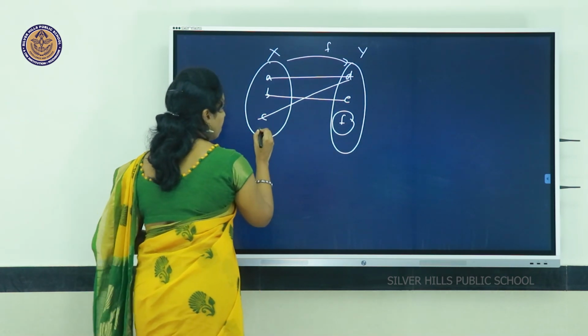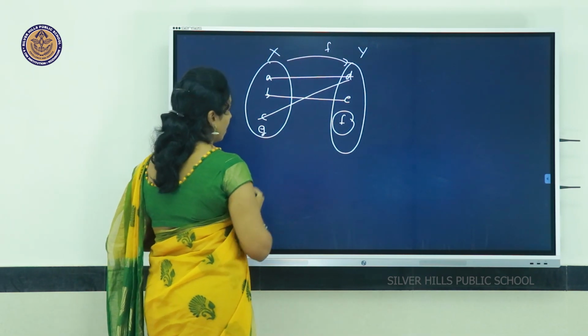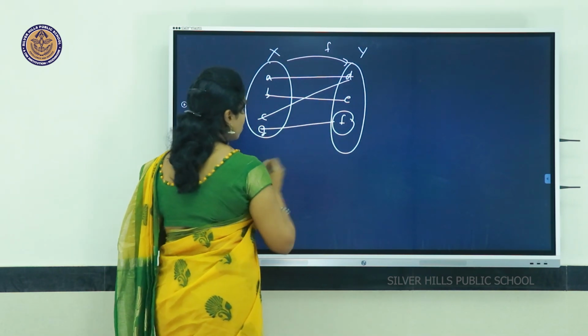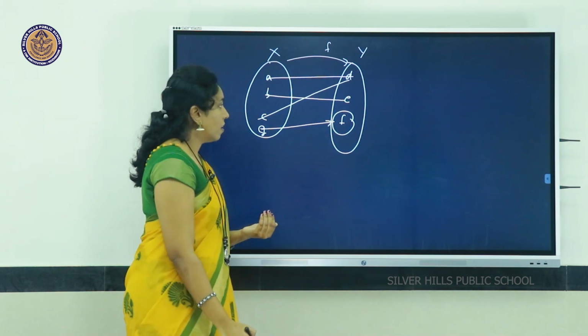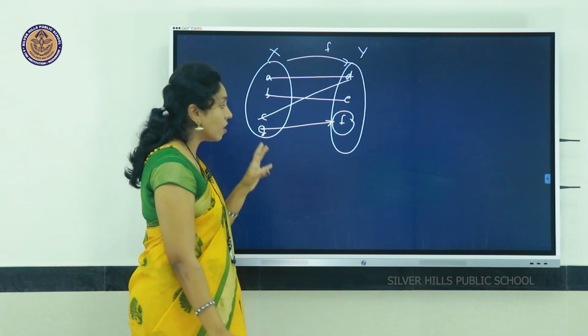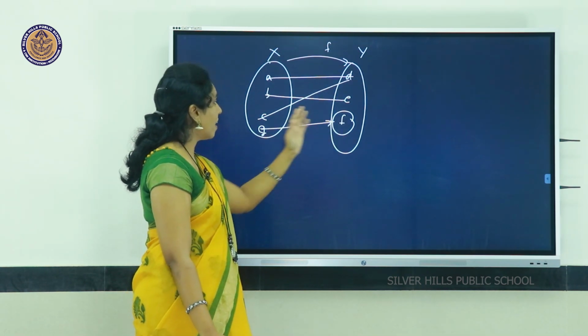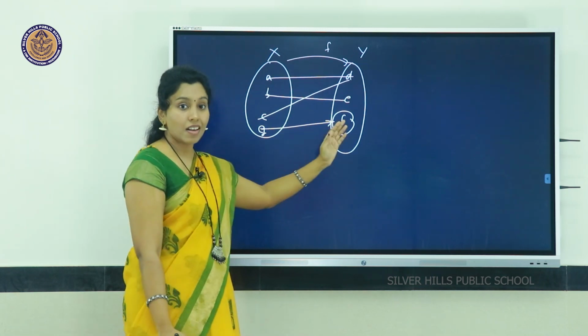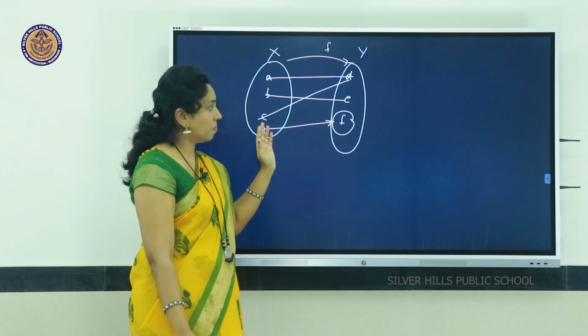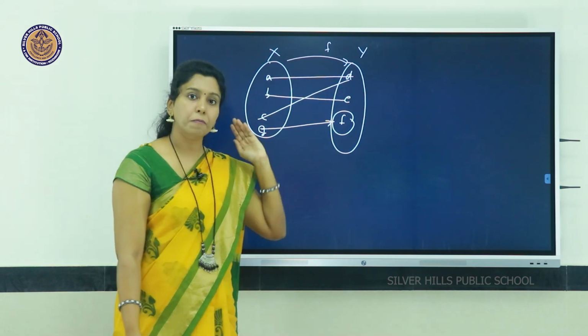Suppose we have one more member here, say I would take some G, and if an arrow goes to F, then I can conclude this function is onto, because all the members here in the second set have a pre-image.